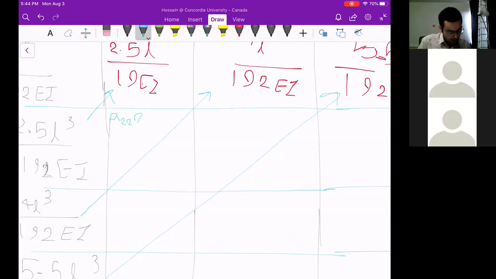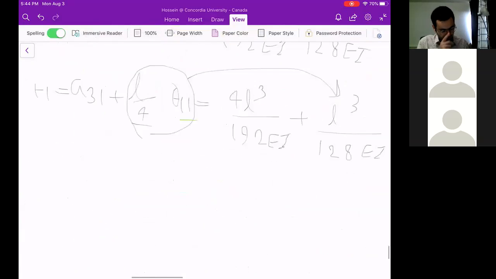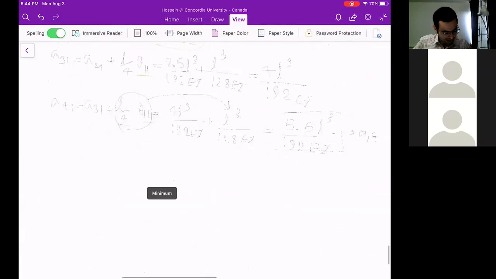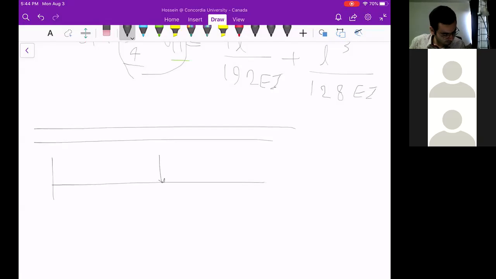So A22: put unit load at point 2 and repeat the above procedure.